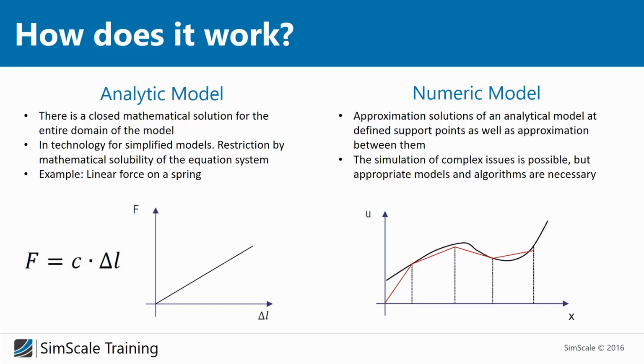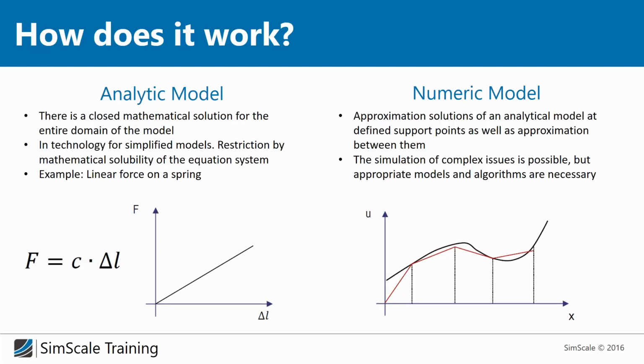And therefore, these analytic models, which are very precise, can only be applied on very simple examples. And in school, most of the time, you use very simple analytic models to describe basic physical phenomena.